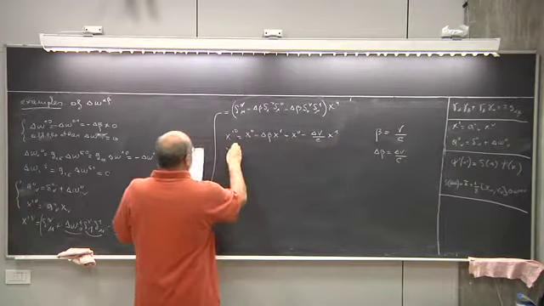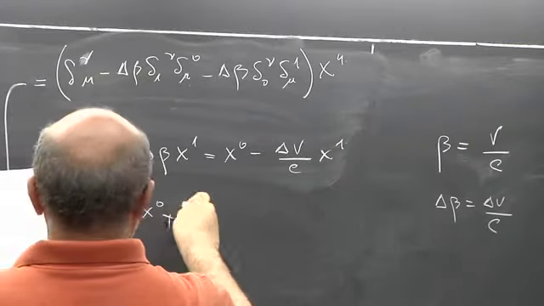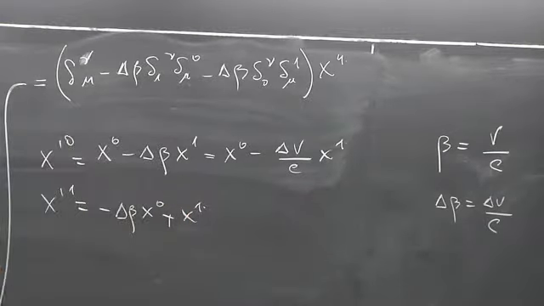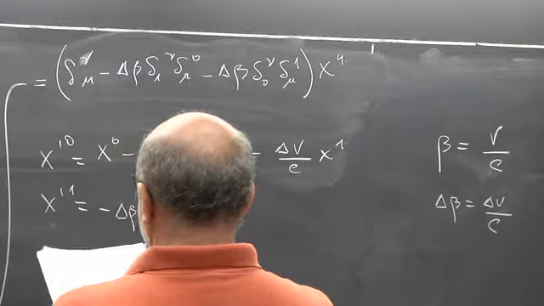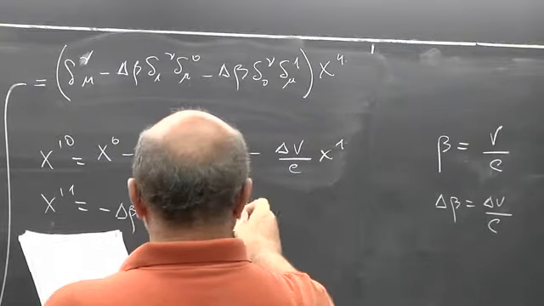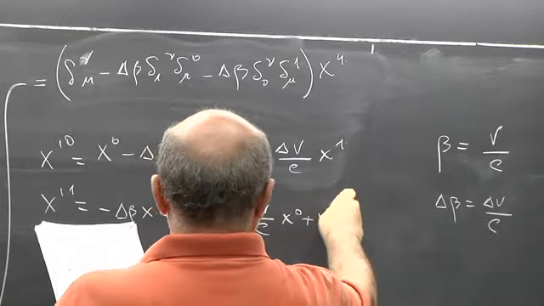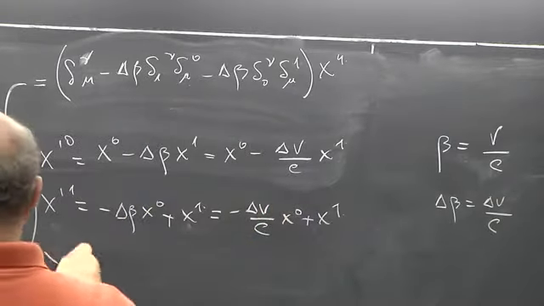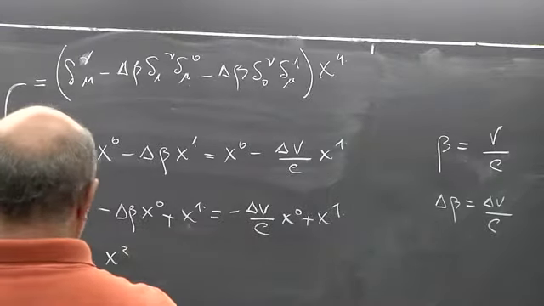Then I have x prime 1 is equal to minus delta beta x0 plus x1. Choosing nu equal 1, you have the transformation there. This is nothing else than minus delta v over c x0 plus x1, and then you get that x prime 2 is equal to x2 and x prime 3 is equal to x3.